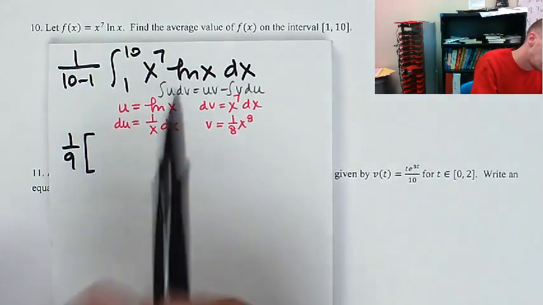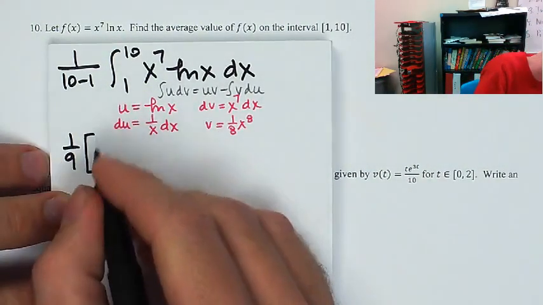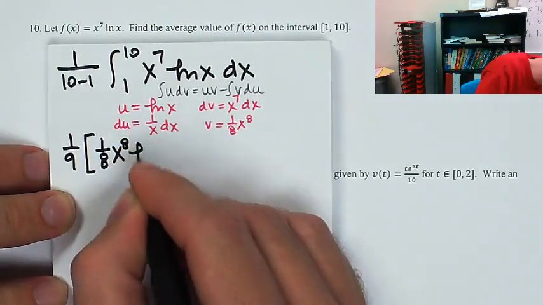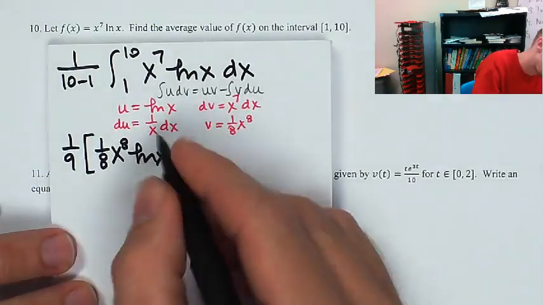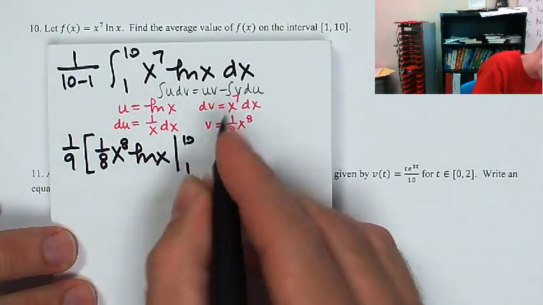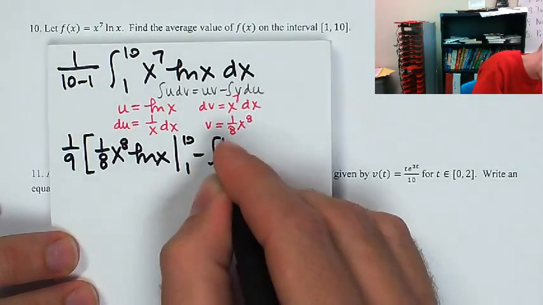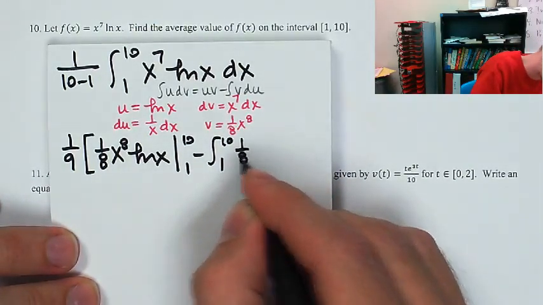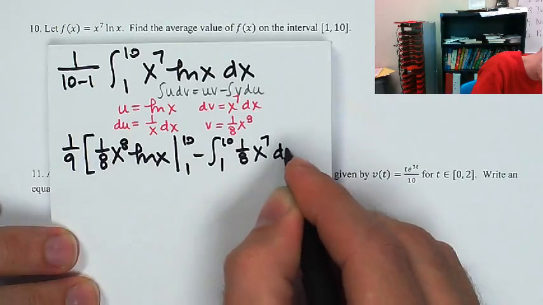Okay, 1/9 of uv minus the integral from 1 to 10 of v du. That's 1/8 x to the 7th dx.